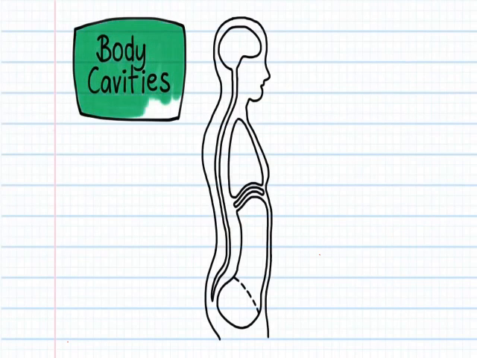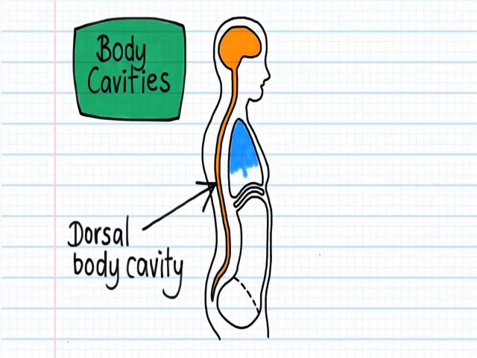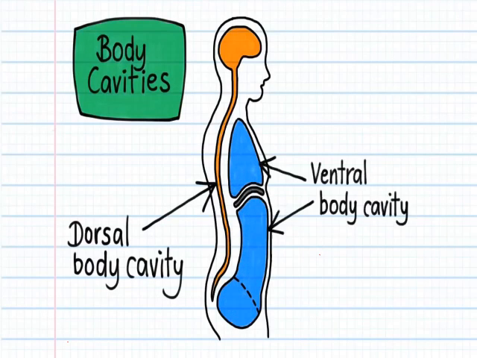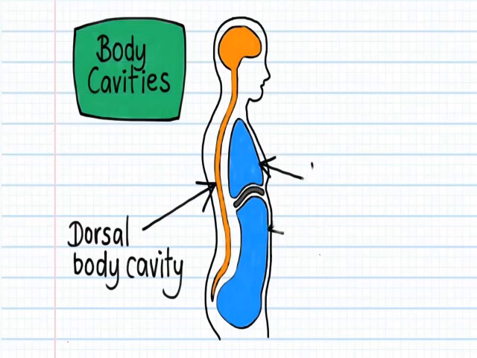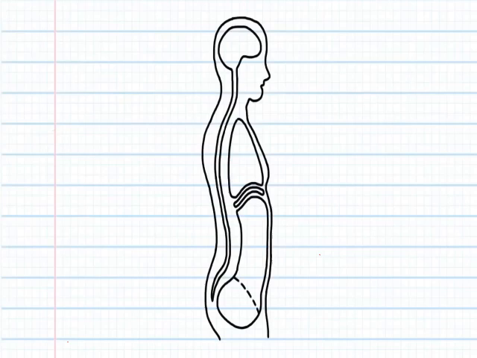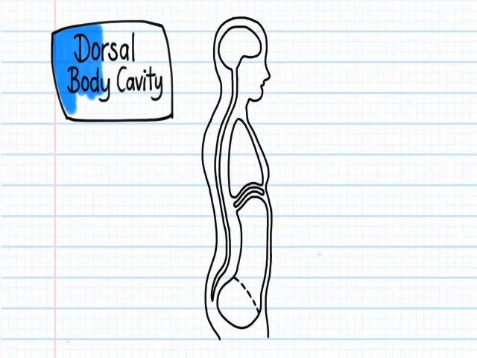The human body consists of two main cavities: the dorsal body cavity and the ventral body cavity. If you're not sure what the terms dorsal and ventral mean, check out my other video on anatomical terminology. Let's start with the dorsal body cavity.